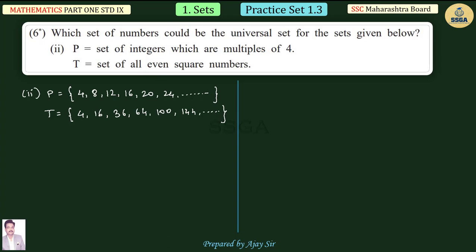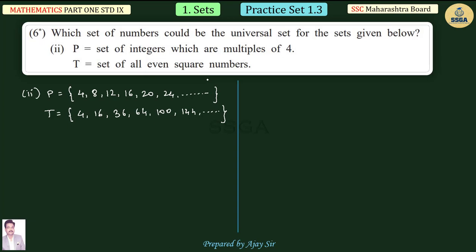The T set contains all even square numbers, only even. If you take odd numbers, that is 1, 3, 9, all odd number squares are odd only. 1 square is 1, 3 square is 9, then 5 square is 25.